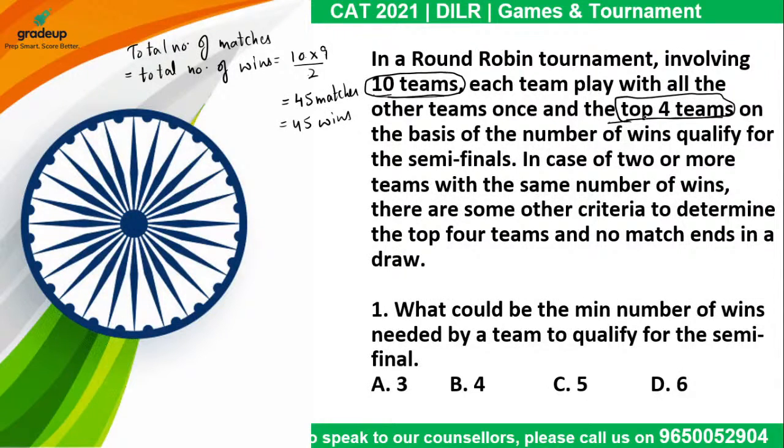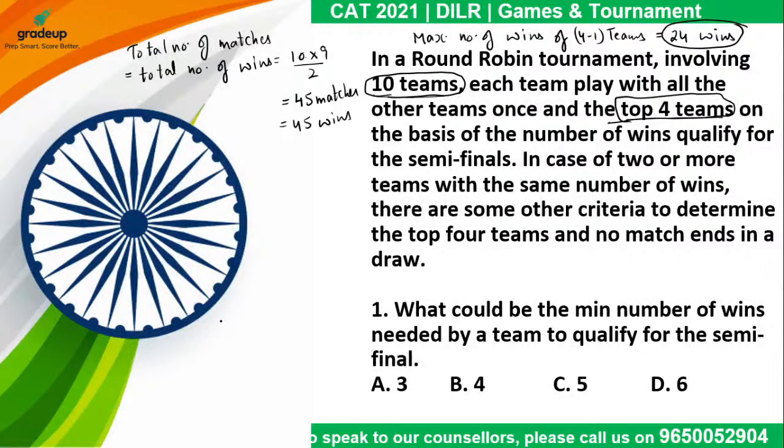Okay. So if there are 4 teams moving to the next round, what we do is we maximize the number of wins of 4 minus 1, that is 3 teams, which is a total of 24 wins. And how you can calculate this value? It is very simple, guys.